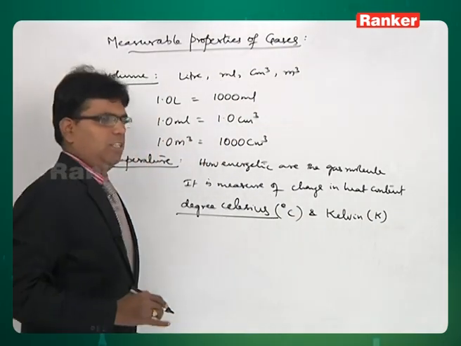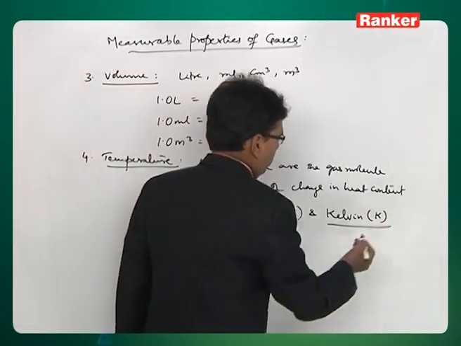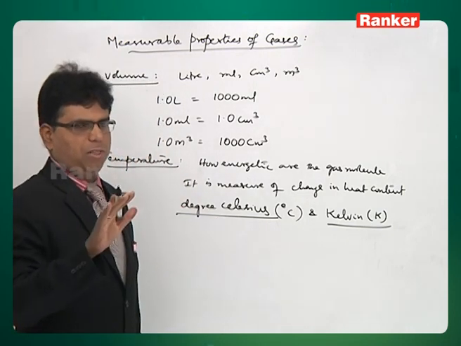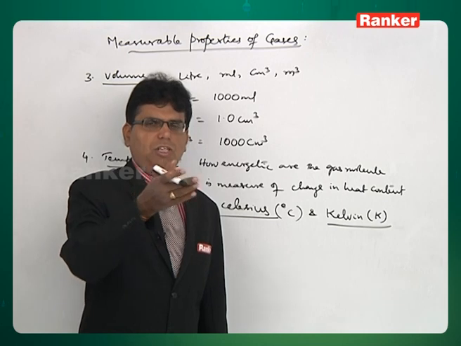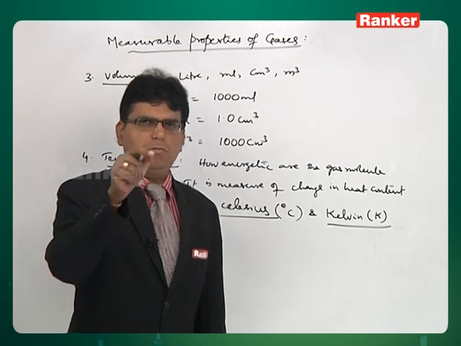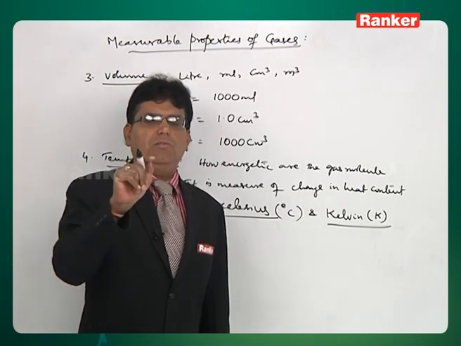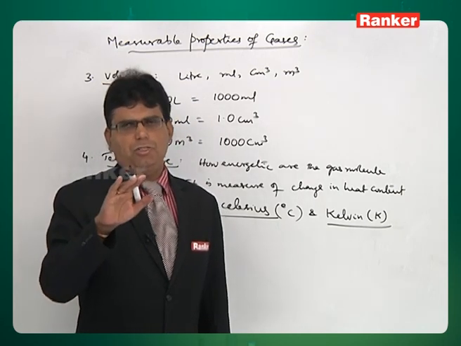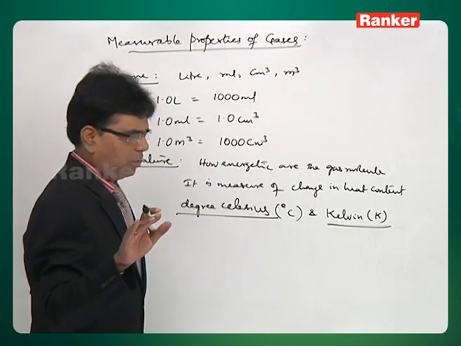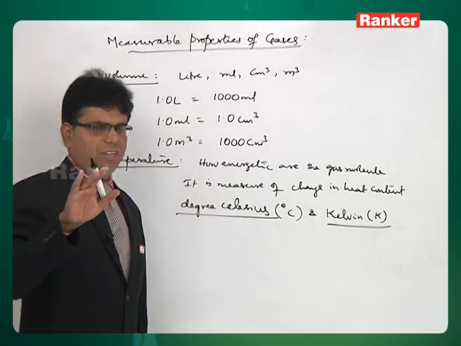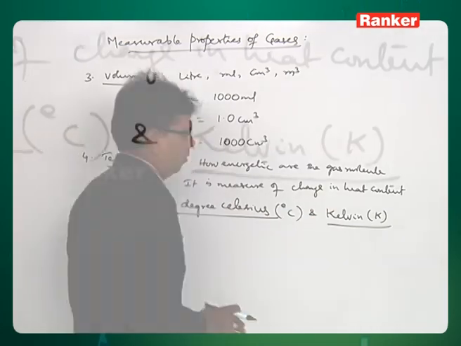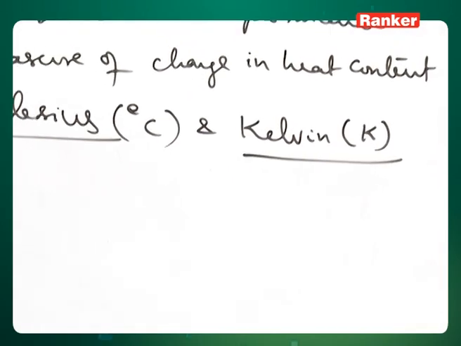There are also other scales, Fahrenheit, Reaumur and so on, but we are not using them, except in medical thermometers used to measure fever. For any chemical applications we do not use Fahrenheit. Degree Celsius and Kelvin are the two that we require.